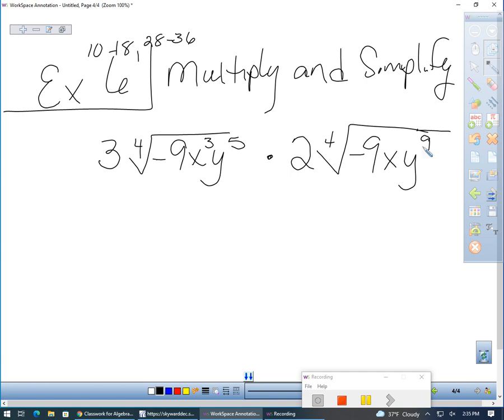So on their own, it would be no solution or no real solution. But that's not what happens here. When we multiply them, it changes, right? So that's what we need to start with.